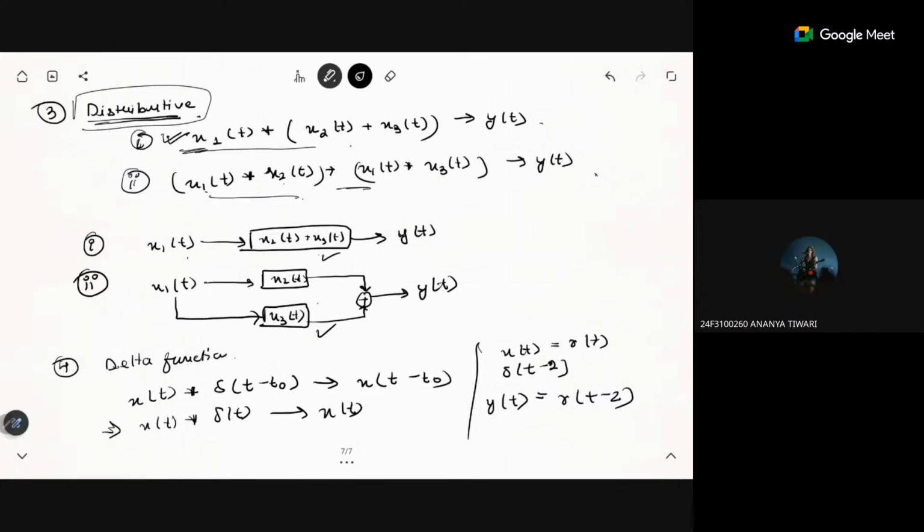Yes, ma'am. Convolving is different because we shift it from left to right. But if we do multiplication, then that t naught comes in, right? Multiplication where? When we multiply r of t with delta of t minus 2. Right, right.